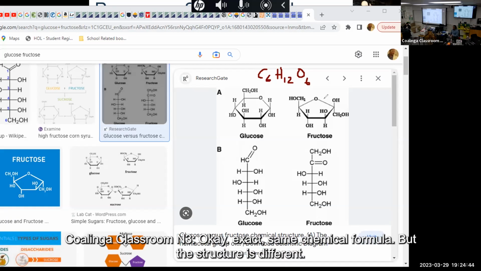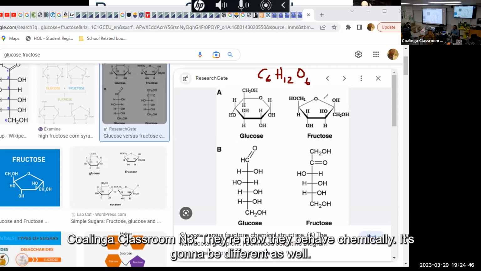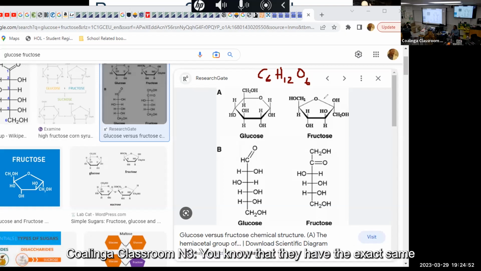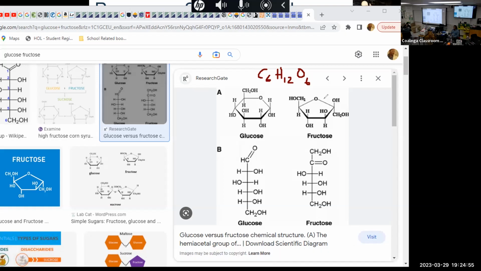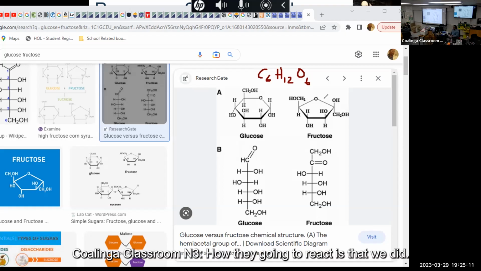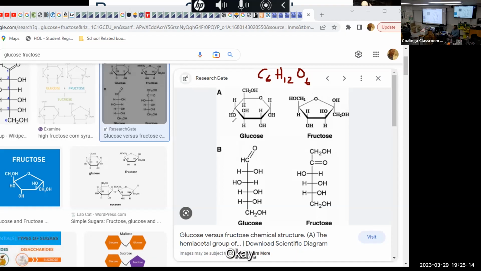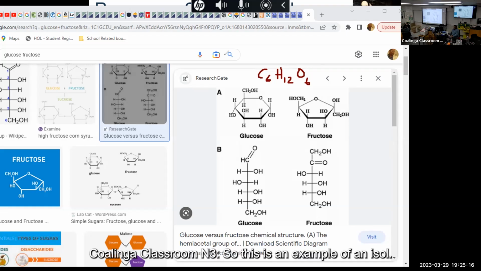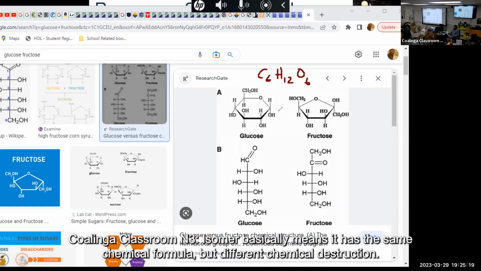Their structure is different, and how they behave chemically is going to be different as well. They're going to have different chemical properties and different physical properties, so their boiling temperatures are different, and how they react is different. This is an example of an isomer. Isomer basically means it has the same chemical formula but a different chemical structure.